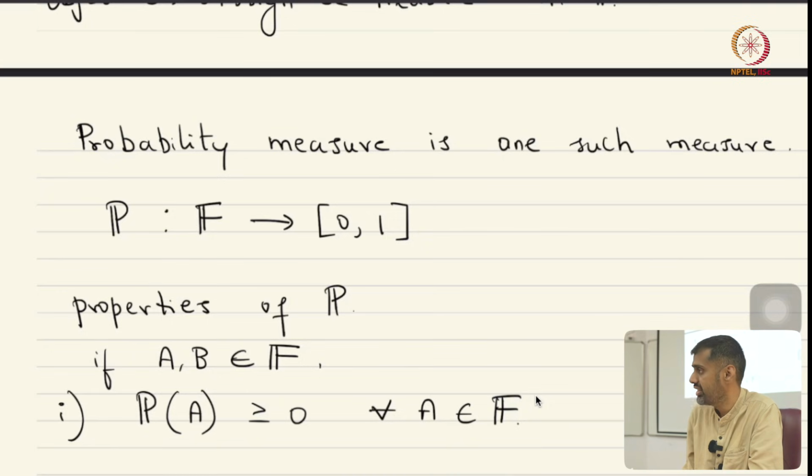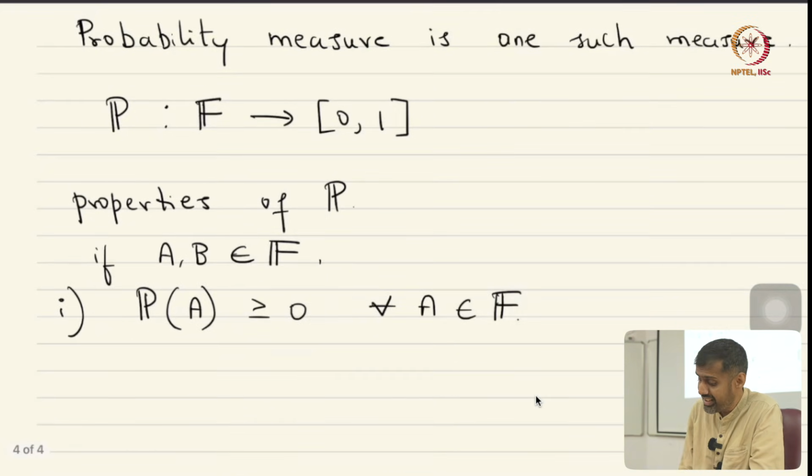So it is non-negative, similar to the length measure. But the other thing is, this is upper bounded by 1, unlike the length measure. And what are the other properties?